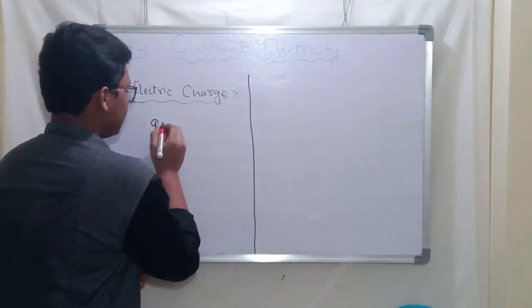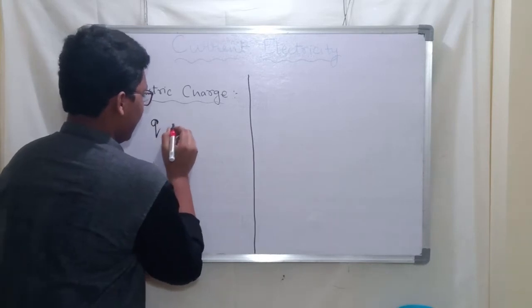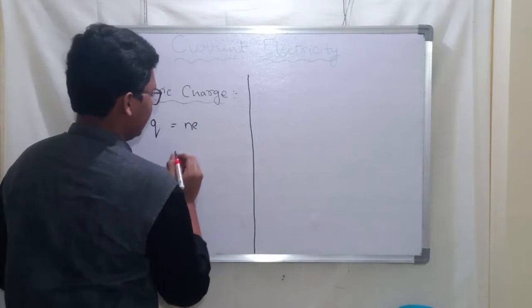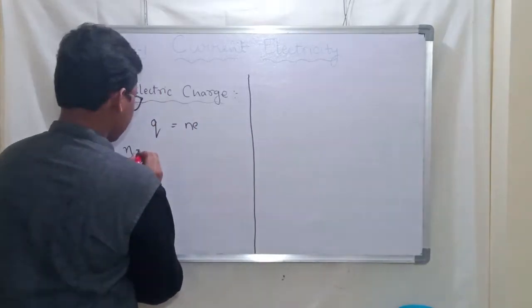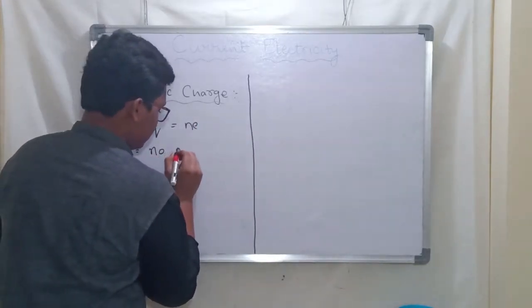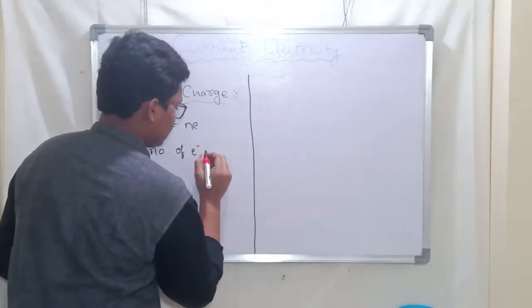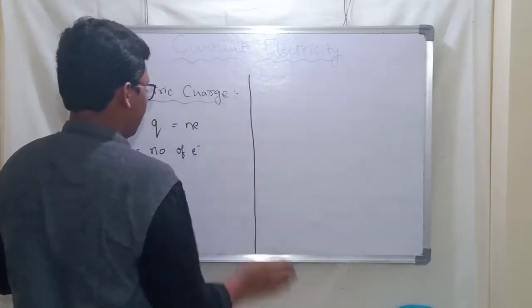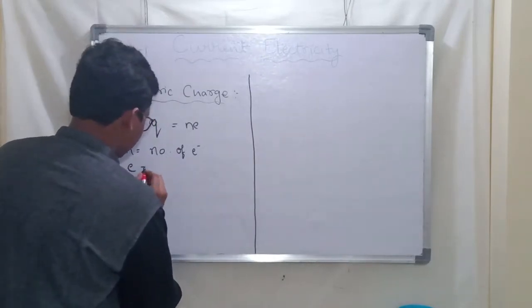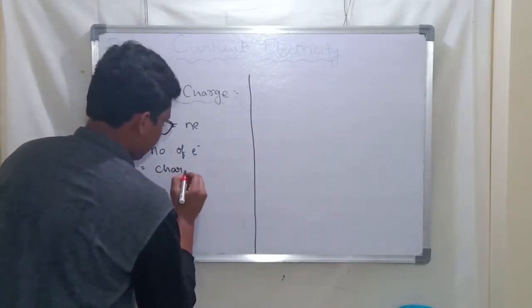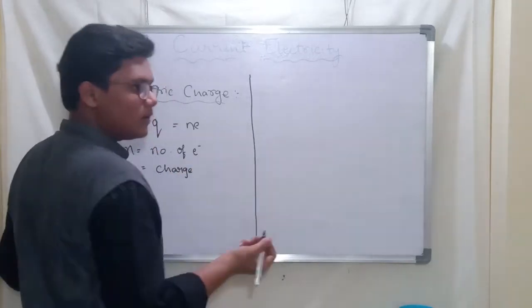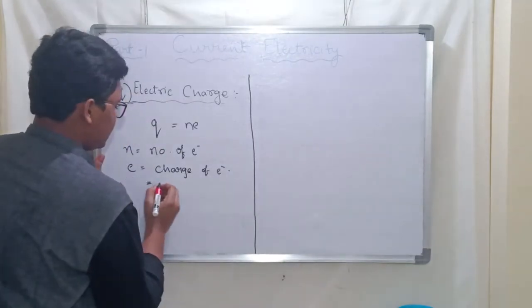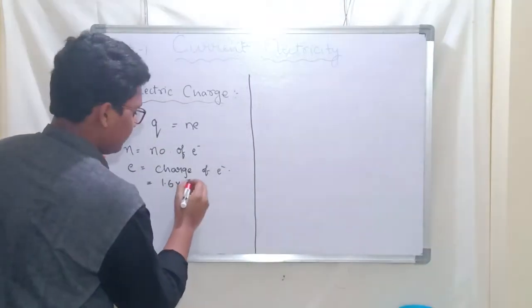Q is equal to Ne, where N is the number of electrons or protons, mostly electrons, and e is the charge of one electron or proton. Charge of an electron is equal to 1.6 into 10 to the power of minus 19.